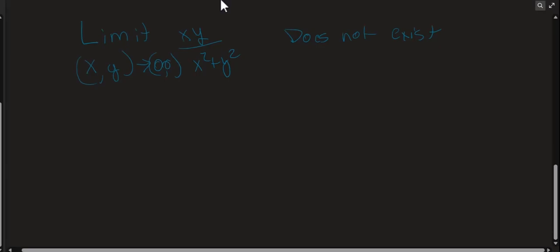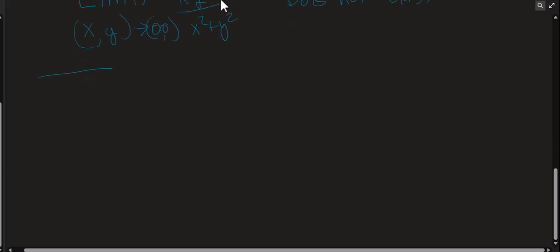Okay, so now you try this one. Find the directional limits.